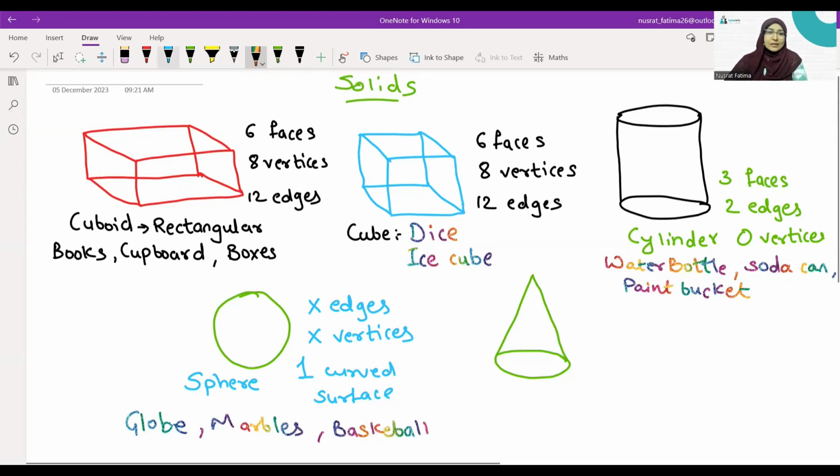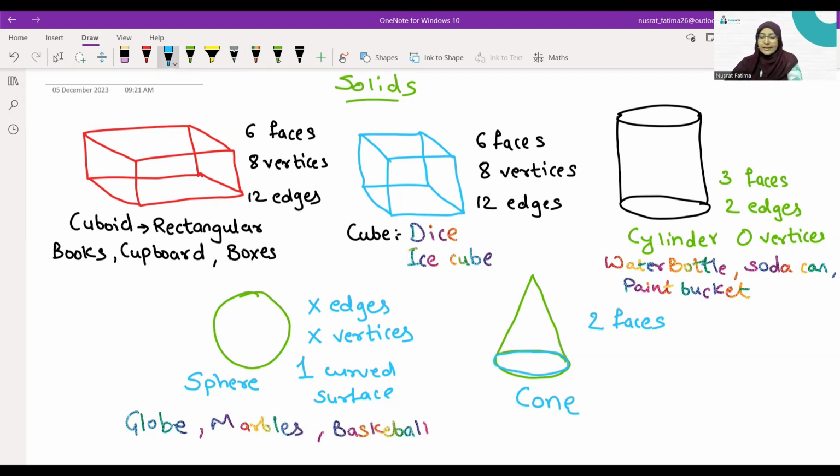Now let us go to the last solid shape, which is called as the cone. Yes, you heard it right. This is a cone. Now, a cone has 2 faces. One is this base, which is in a shape of a circle or an oval, and this at the top you have a curved surface. So a cone has 2 faces.